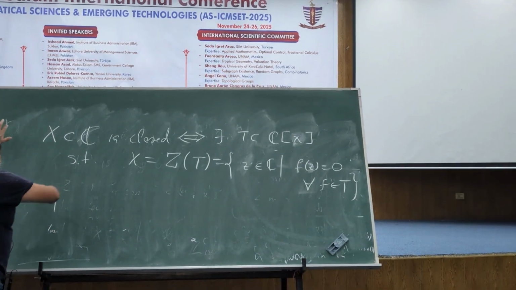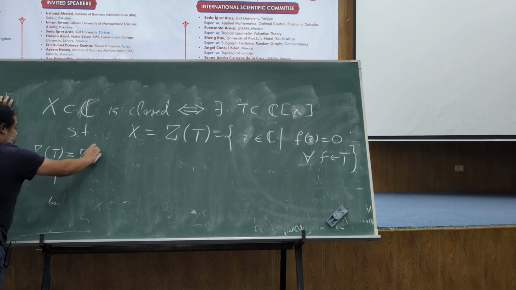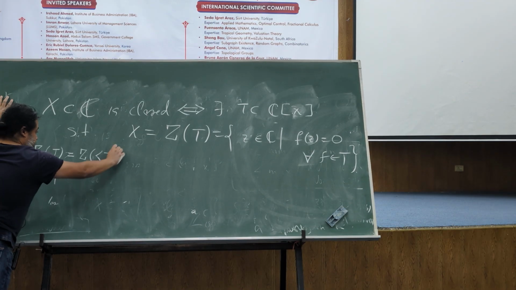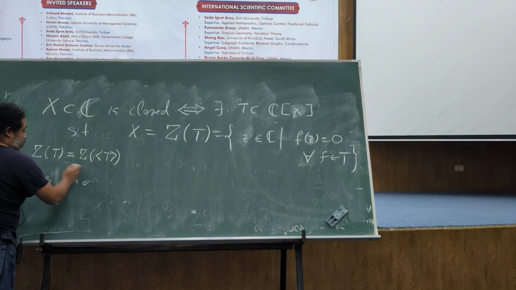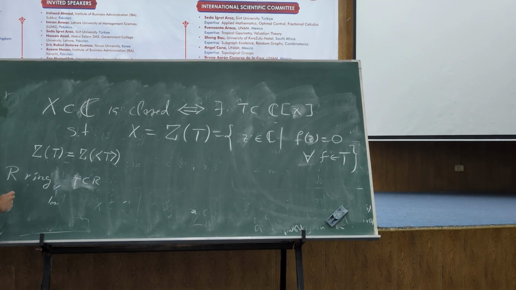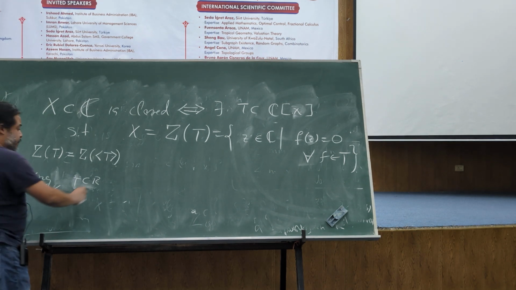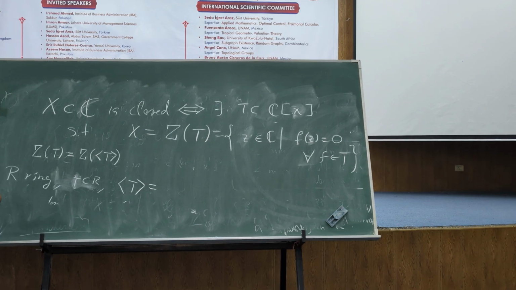So the zero set of the family is the same thing as the zero set of the ideal. What is an ideal? Do you know what is an ideal? Okay, so if R is a ring, let me take a subset of R, in this case T. The ideal generated by T is by definition the finite sums of all linear combinations of elements of T with coefficients in R.